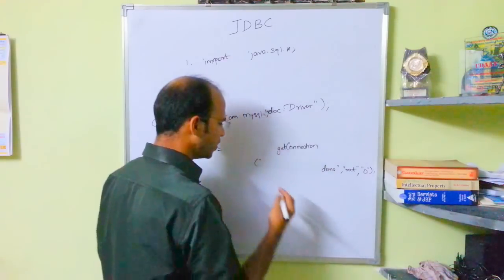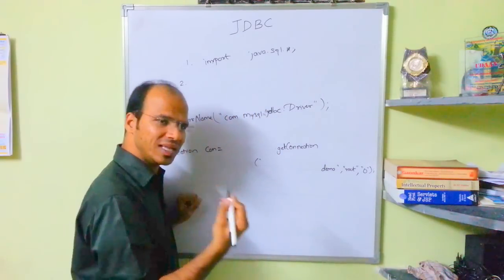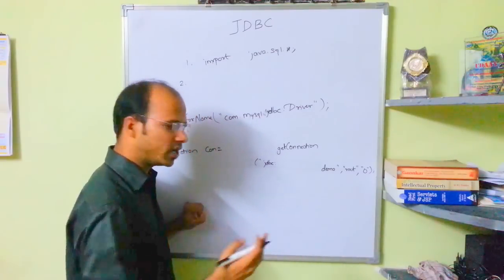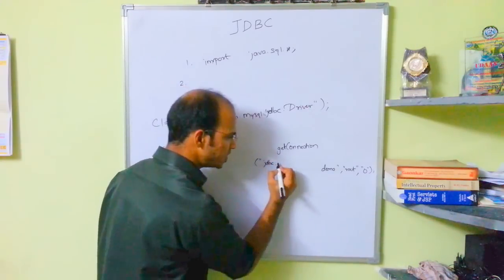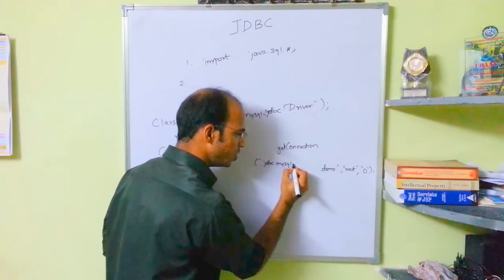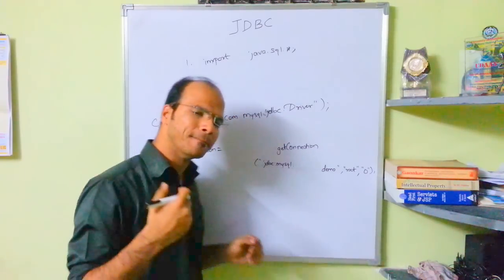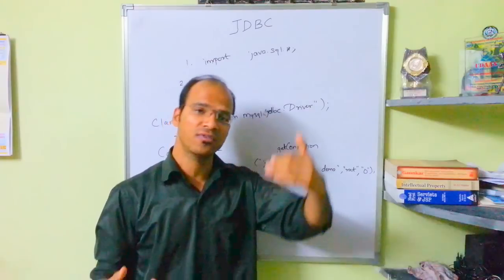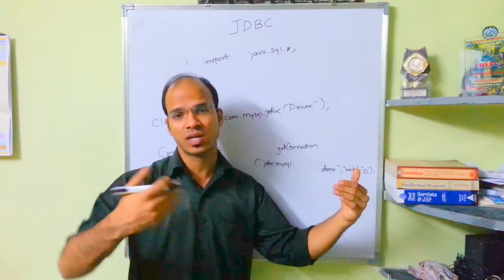Now the thing is, when you want to connect your Java with a database, you have to use something called JDBC. So Java will communicate with JDBC, JDBC will communicate with MySQL, and MySQL will communicate with the database. But MySQL provides you an amazing feature where you can have your database on a different machine and access it from a different machine.